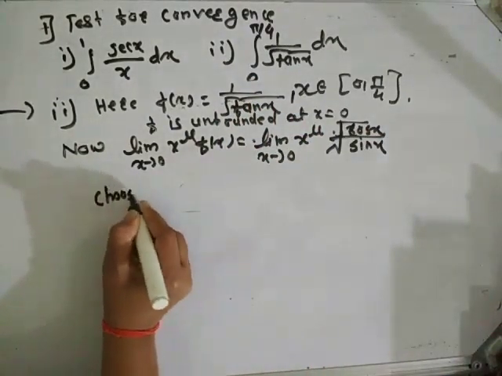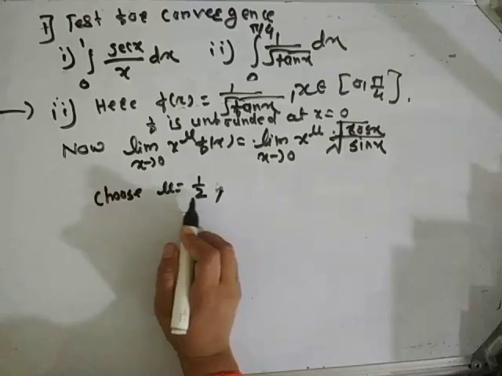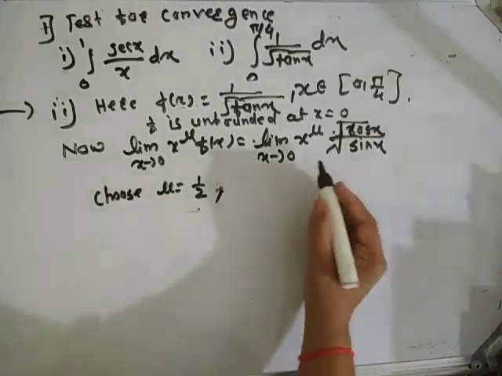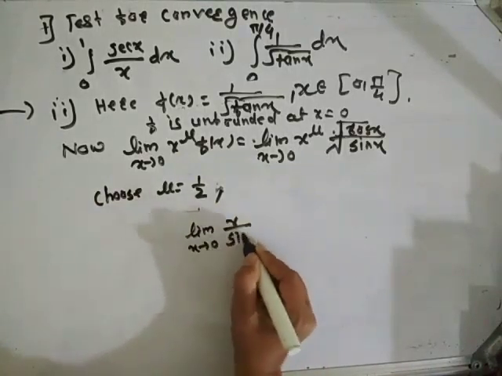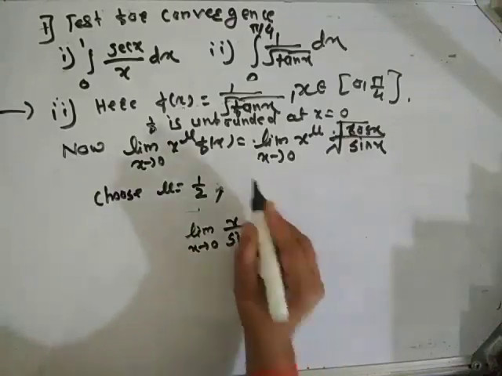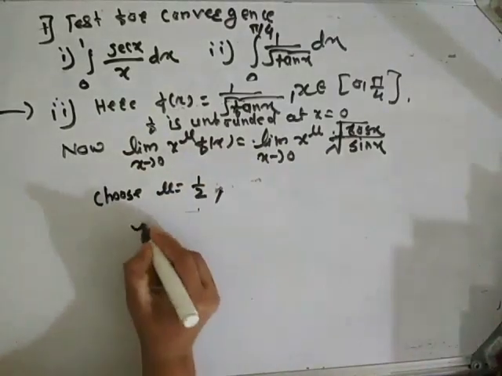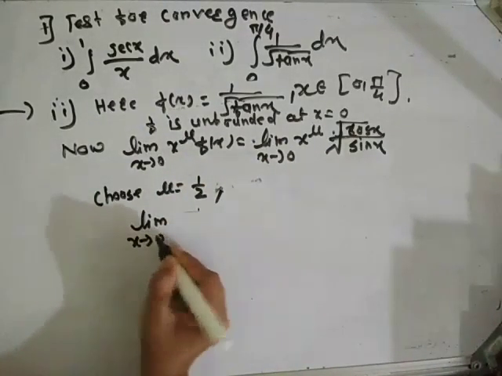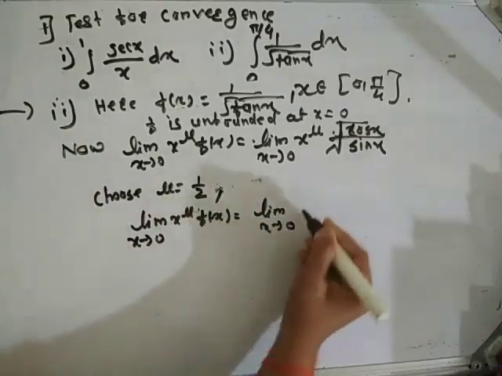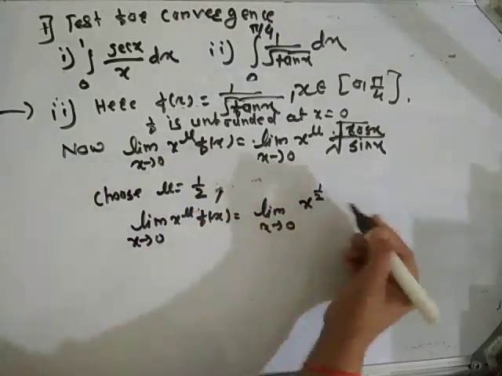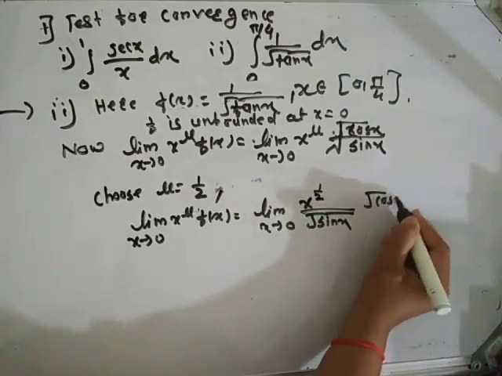Now choose mu is equals to 1 by 2. Why have we chosen mu equals to 1 by 2? Because we want to get the limit x tends to 0 of x upon sin x equals to 1. So limit x tends to 0 of x raised to mu f of x is equals to limit x tends to 0 of x raised to 1 by 2 upon root of sin x into root of cos x.